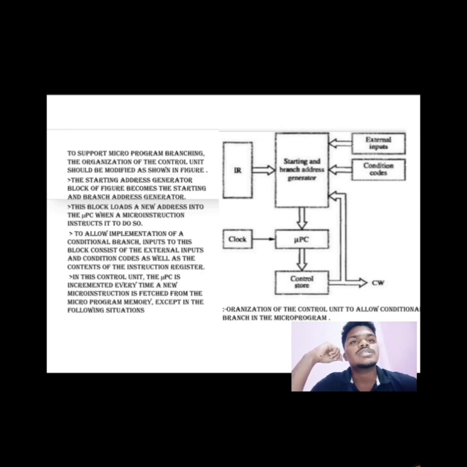Then comes the explanation. The first point is the starting address generator block of the figure becomes the starting and branch address generator. Second point, this block loads a new address into the micro PC when a micro instruction instructs to do any task.